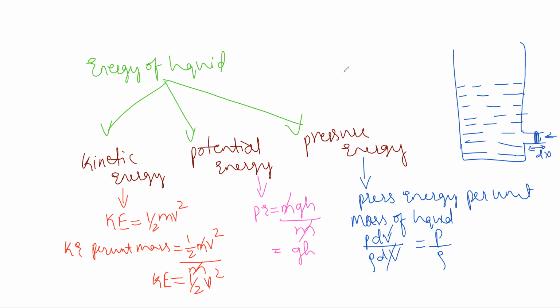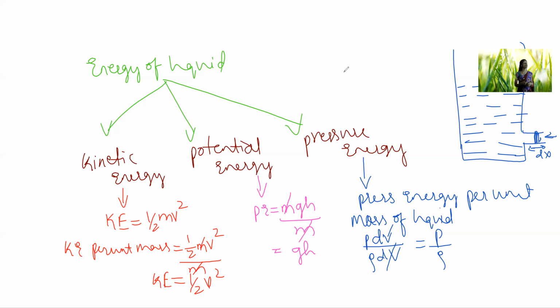Mainly, energy of a liquid is classified into how many types? Three types. That is, first one kinetic energy, second one potential energy, and third one pressure energy.